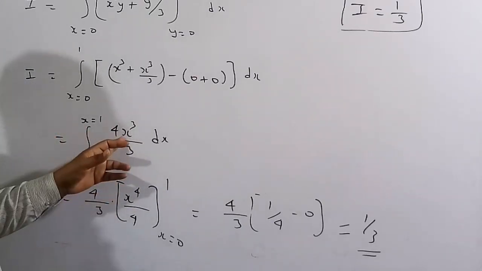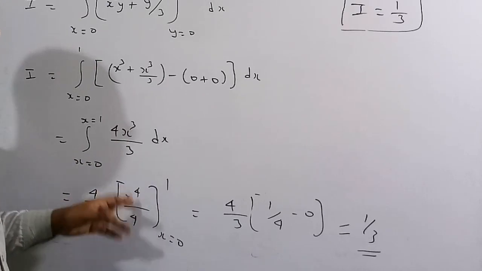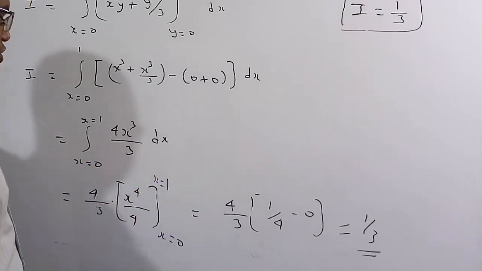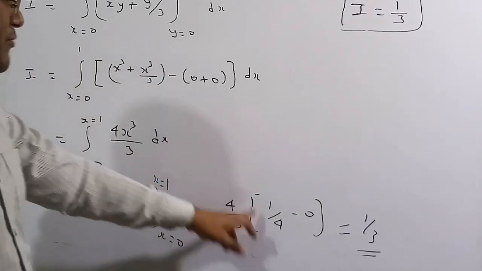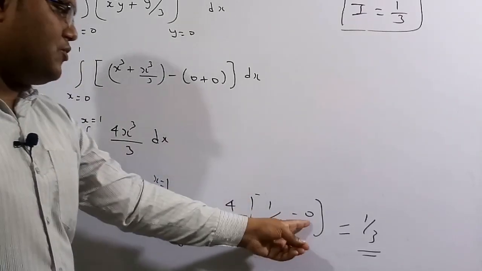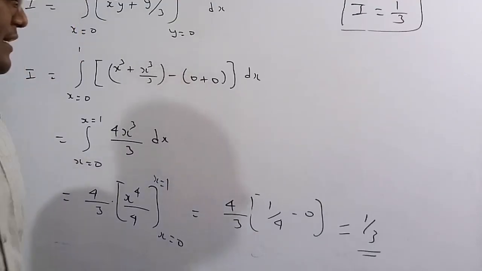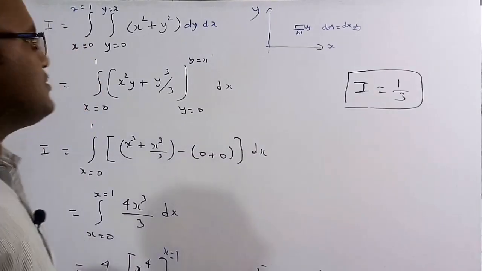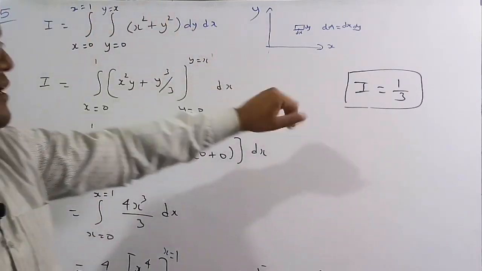Integration of x cube is x to the power of 4 by 4. Now we substitute the limits x is equal to 0 to x is equal to 1. So 4 by 3 into upper limit 1 by 4 minus lower limit 0. If you solve this, we get 1 by 3. So this is the correct solution of this question. The integration of this total equation is 1 by 3.